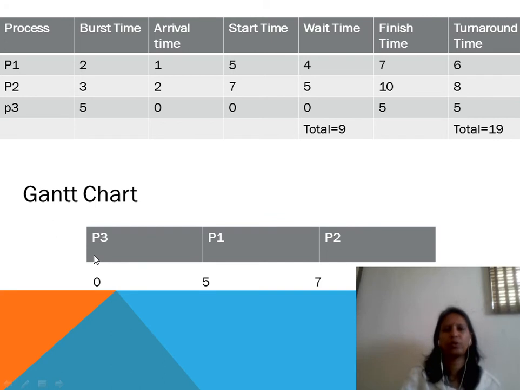So we now have 4 columns: process ID, burst time, arrival time and start time. From this data we are going to calculate the wait time for each and every process.